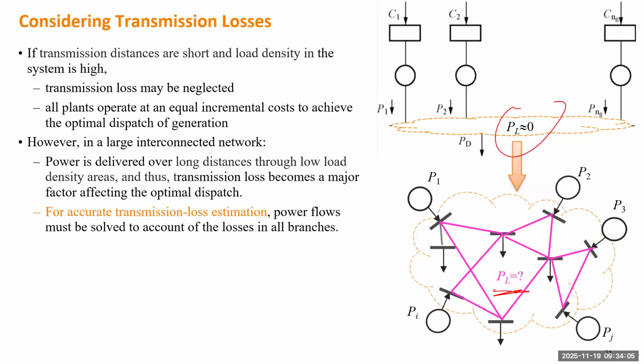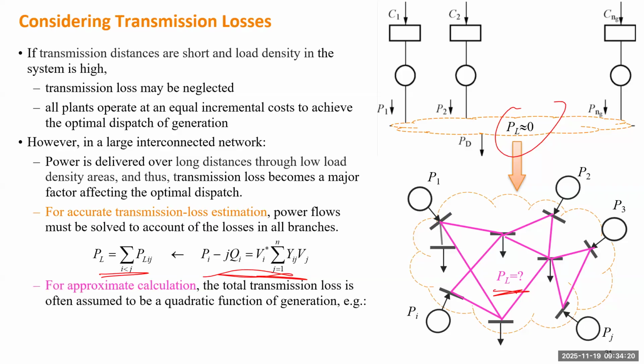Then you add that loss to your formulation to do the economic dispatch. Which means you have to go through this power flow problem, and then you count the total loss. In this section, we only focus on the approximate calculation of the total transmission loss.